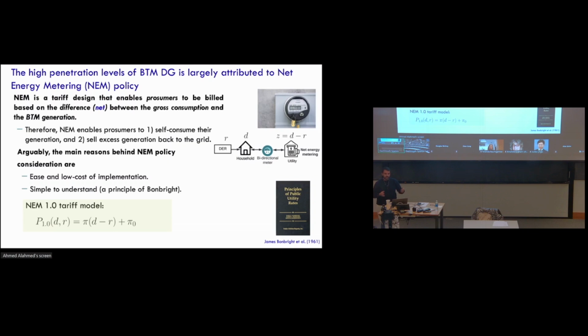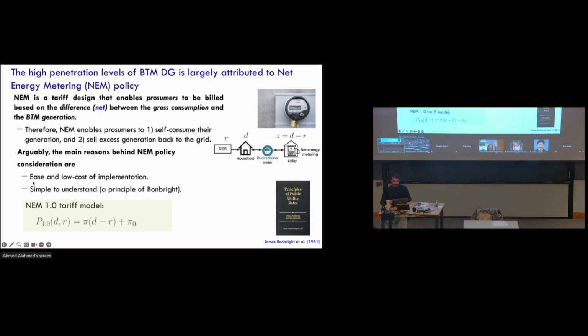It is very intuitive: you install solar generation, you want to consume it first, and then sell any excess back. Simplicity of bills is a main axiom in the principles of public utility rates that were proposed by James Bonbright in 1961.